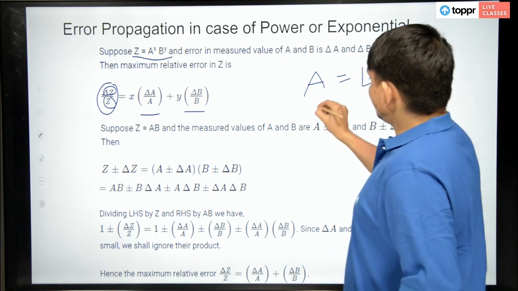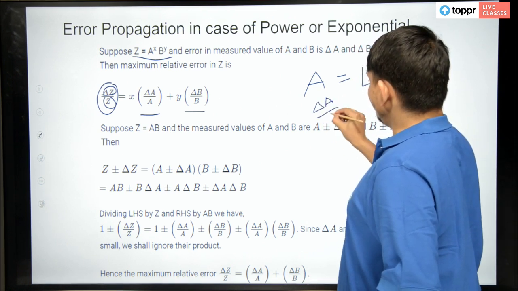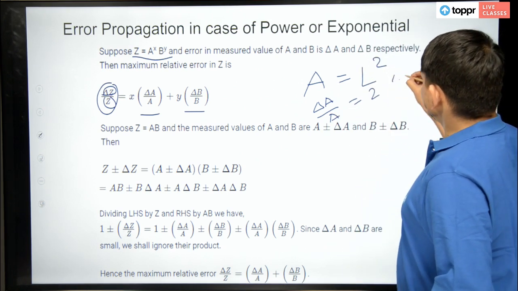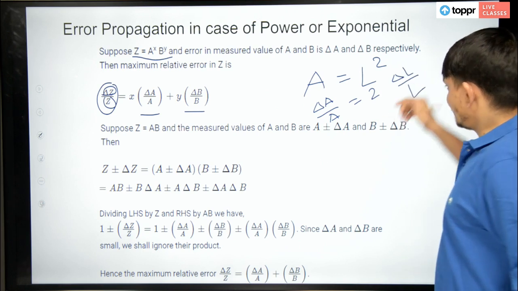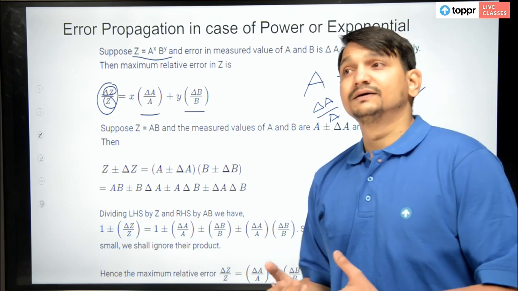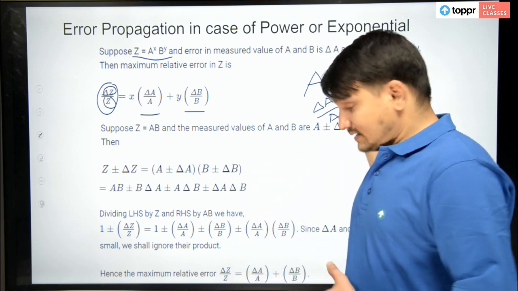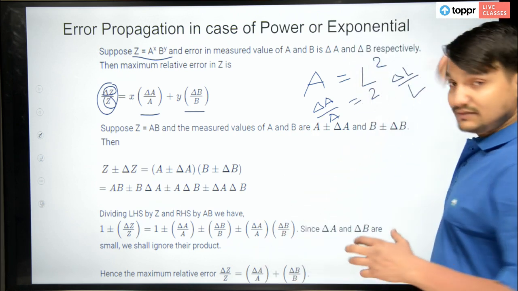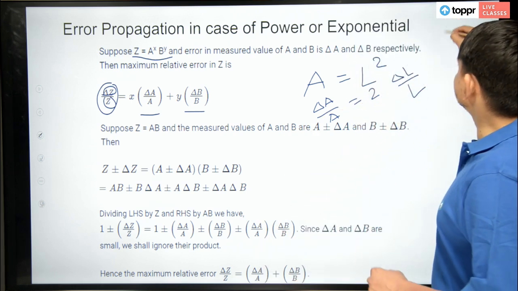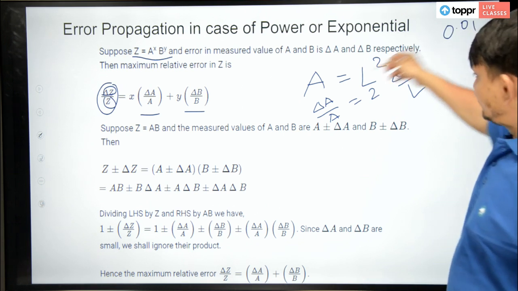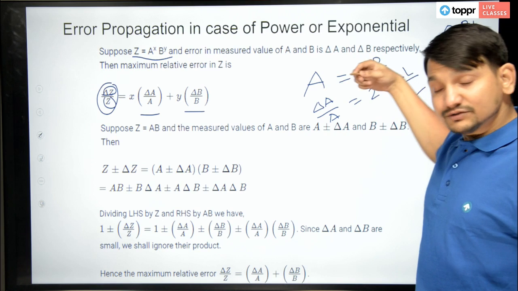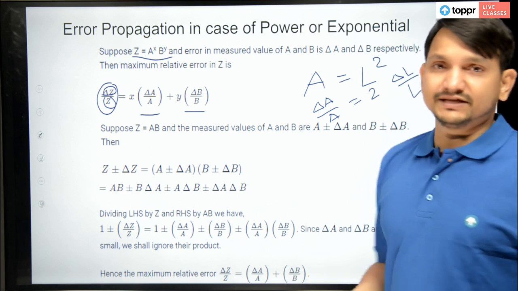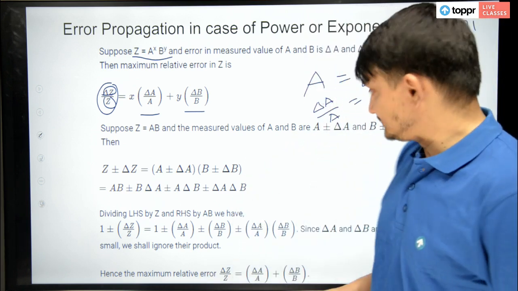So delta A by A would be 2 times delta L by L. And here I said that if the error in length calculation is 1%, our error fraction for length would be 0.01. That would give an error fraction of area of 0.02. That means 2% error in area.